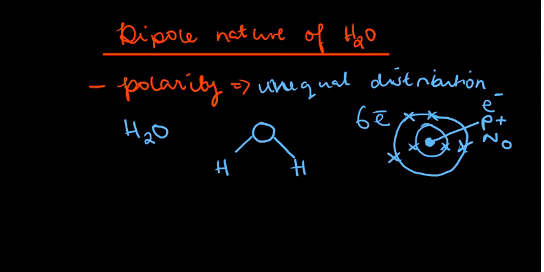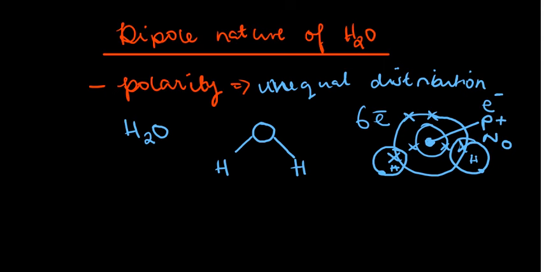Hydrogen will covalently bond with oxygen in such a manner that it donates an electron, coming from hydrogen, so that these two are going to be stable. This is hydrogen right here.